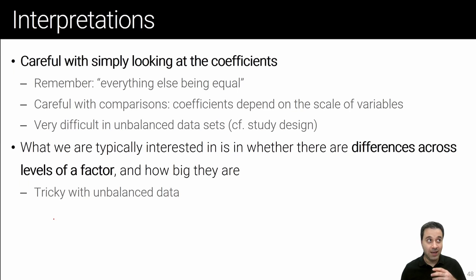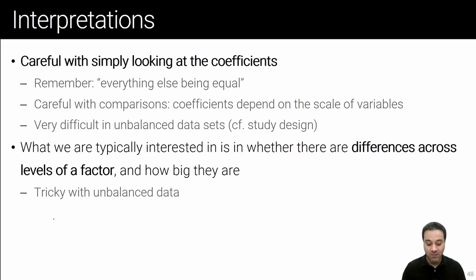So is the dependent variable different across the different groups of a categorical variable? Is the response different across treatments, for example, across countries, across programs, across whatever it is? And the linear model is going to allow us to make those comparisons while controlling for the other factors.